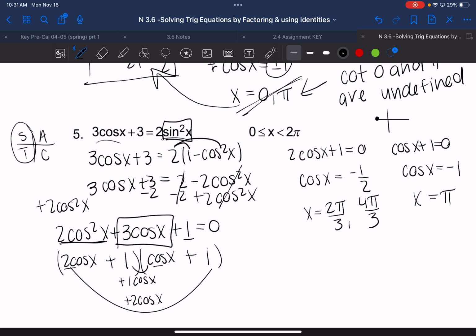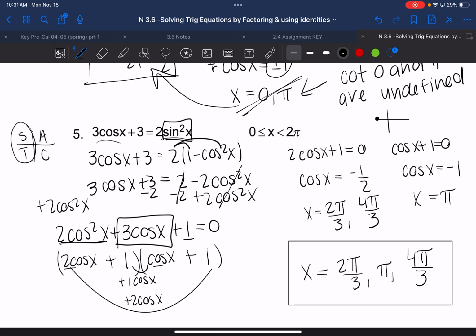Very good. So I'm going to write all my answers. What's the smallest? 2 pi thirds. And then the biggest one is that 4 pi thirds. There we go. All right.